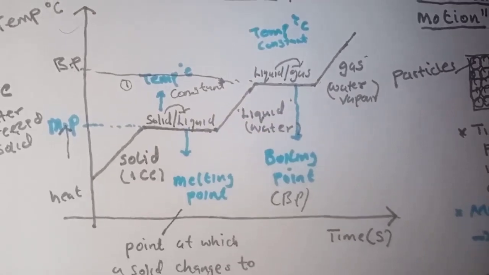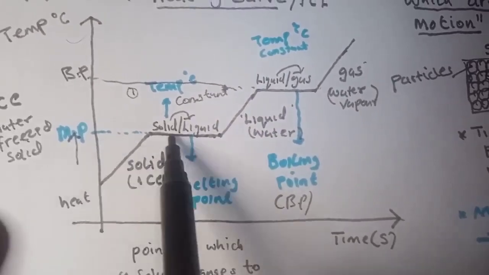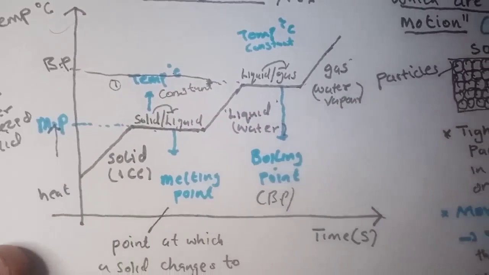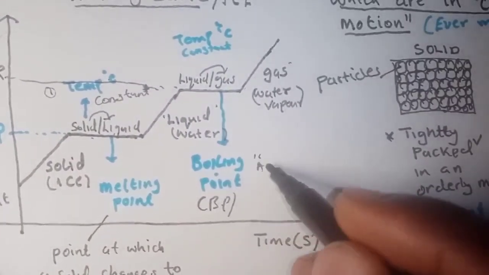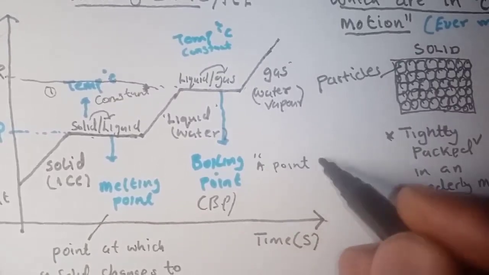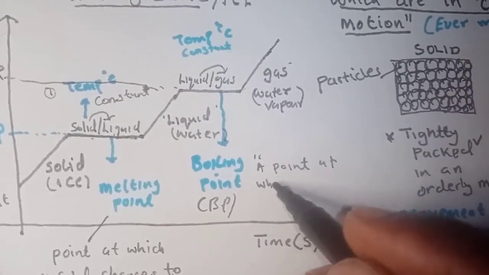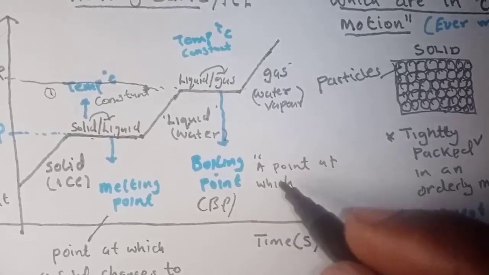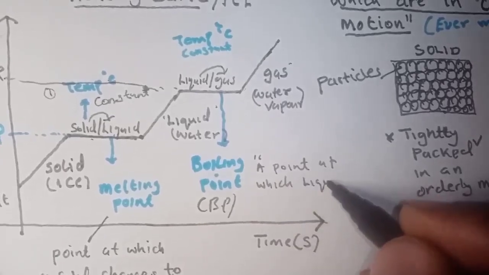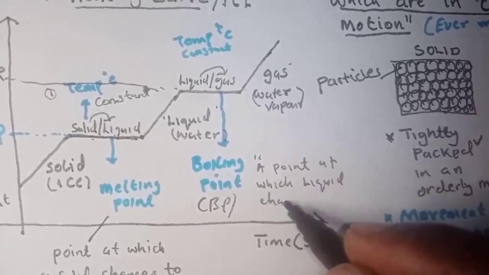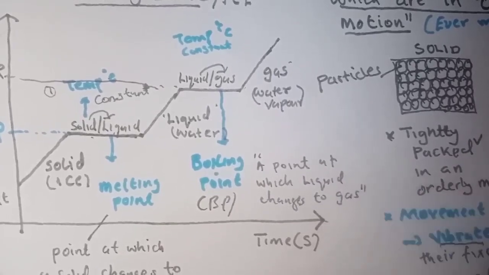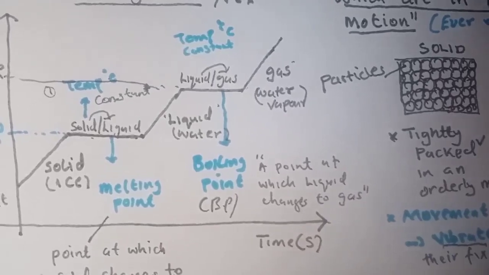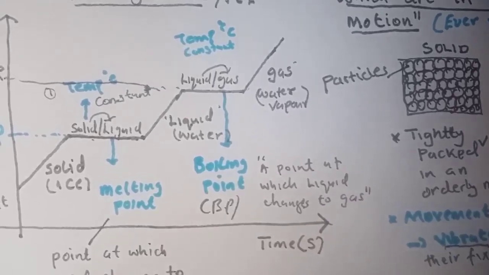So you should know the melting point, and the boiling point. How can you define boiling point? Very easy. Boiling point is a point at which liquid changes to gas. A point at which liquid changes to what? To gas.